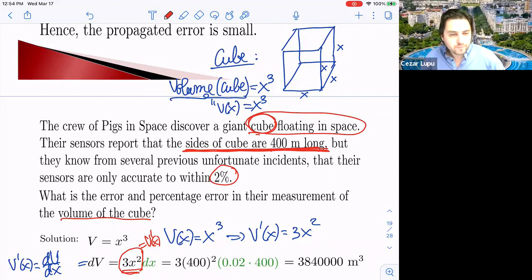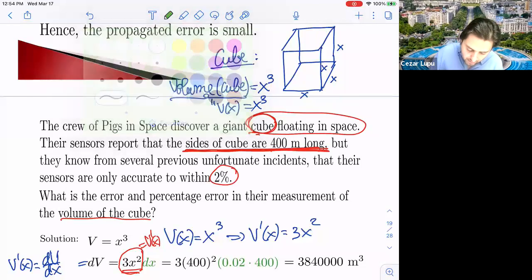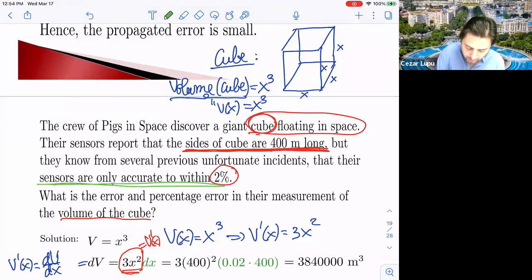We know that their sensors are only accurate within 2%. So, because of this information, right?